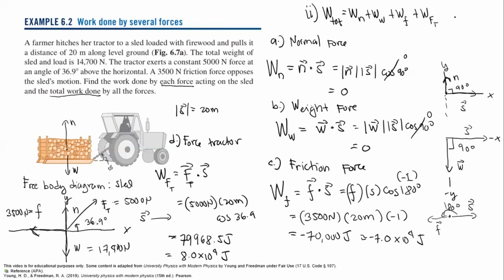This is equal to 1.0 times 10 to the 4 joules, or 10,000 joules. Okay, the final answer is this one. So the total work done by all the forces acting on the sled is 10,000 joules.